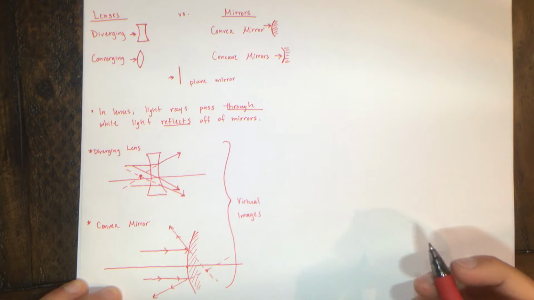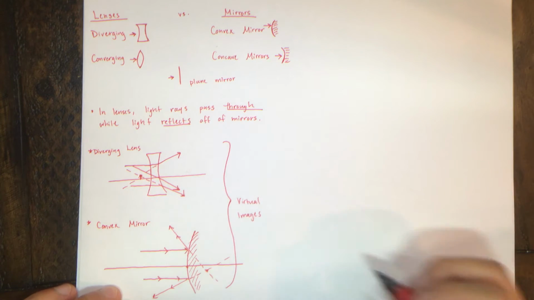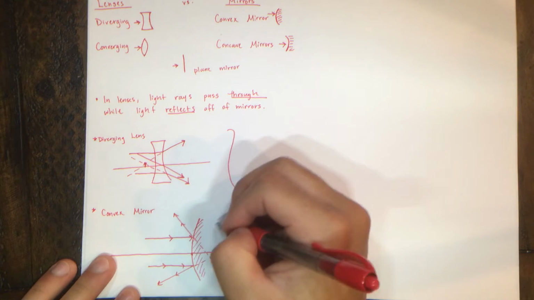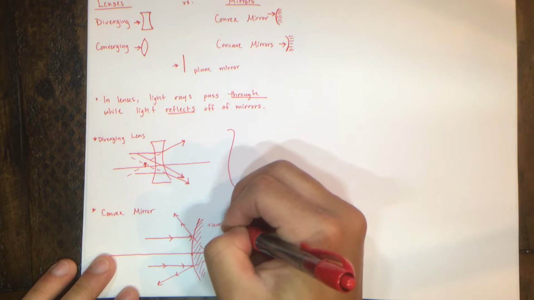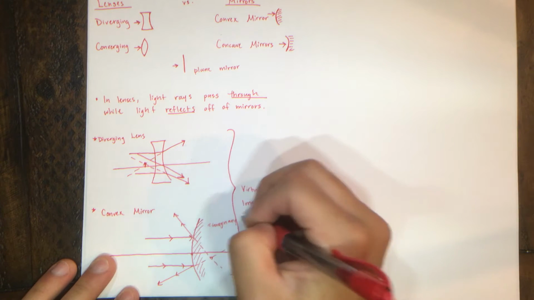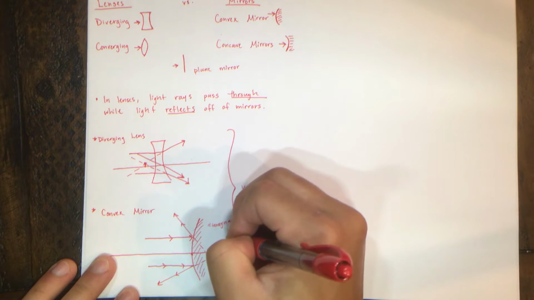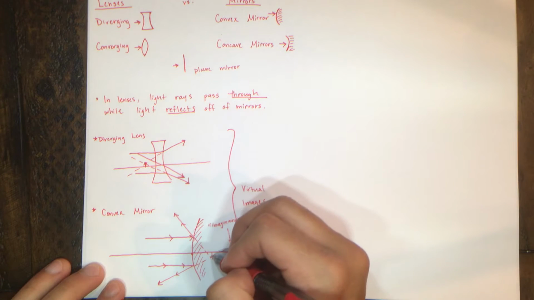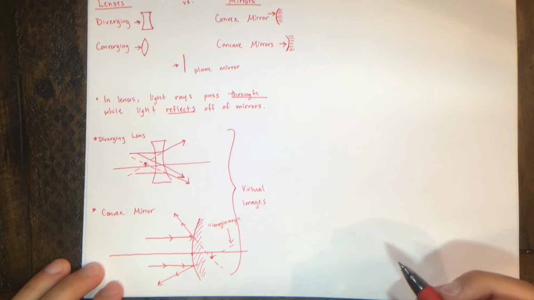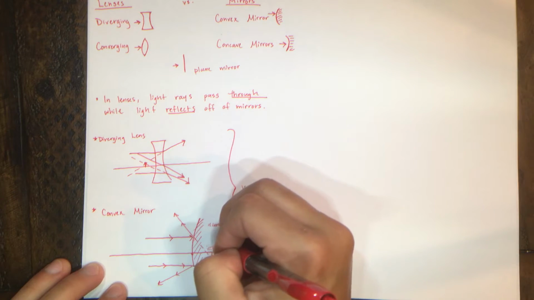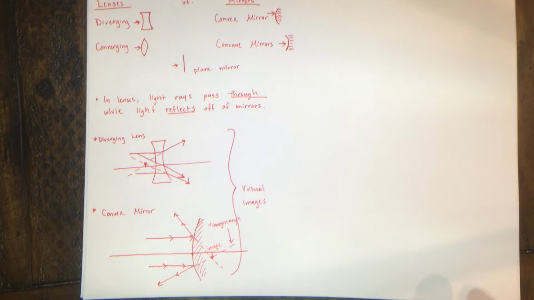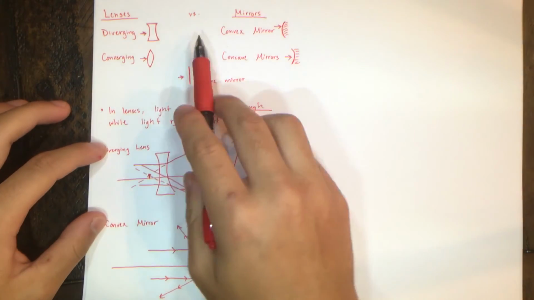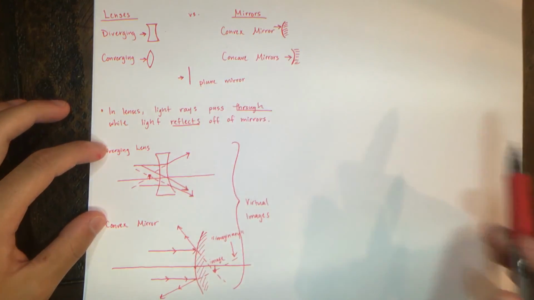The dotted lines are imaginary; we can't actually see these light rays. This is now the image, the virtual image. And that's basically why they're categorized similarly here.